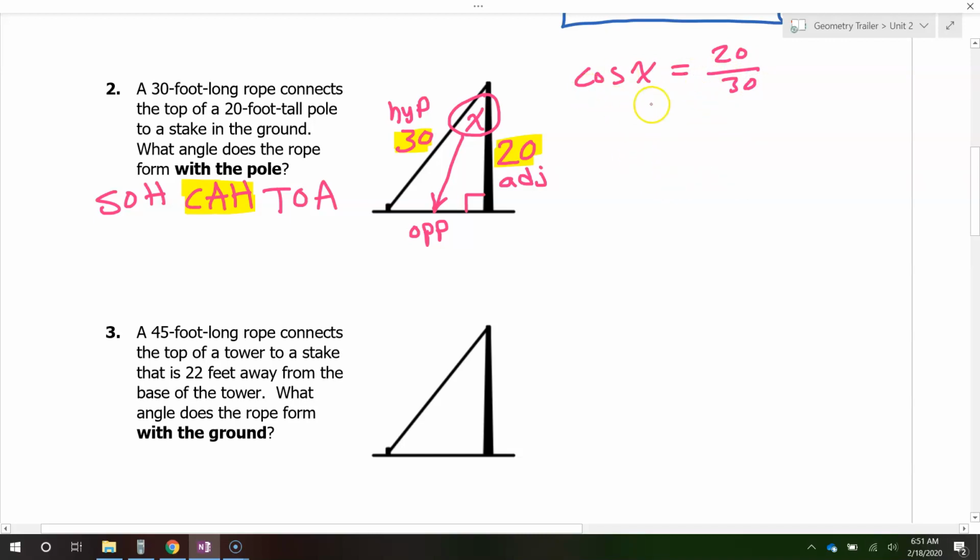Okay, so again, we think, do we multiply, swap, or inverse? And again, the angle is inside the trig function, so this is when we inverse. So we will do inverse cosine of 20 over 30, and that will equal x.